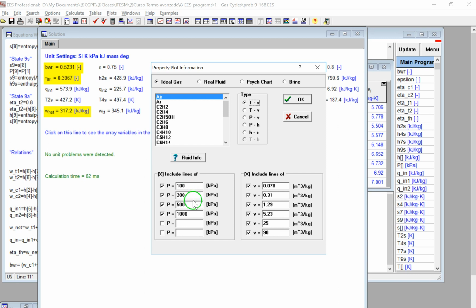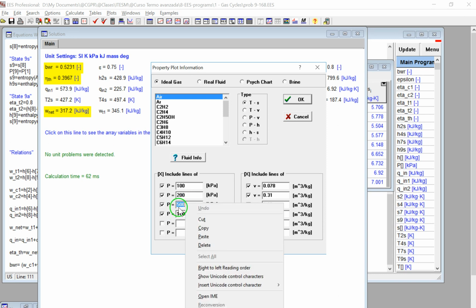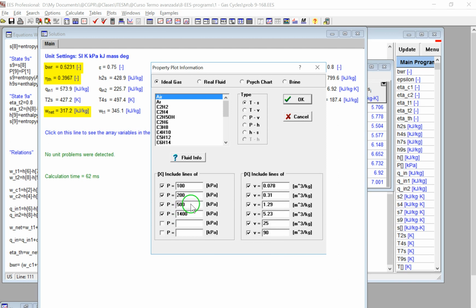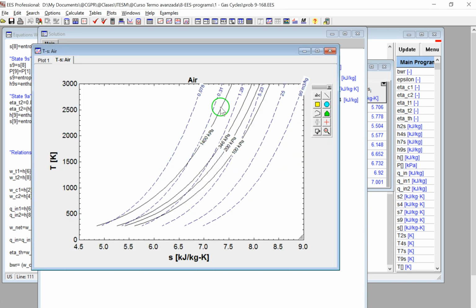One is 100 kilopascal, the other one is 1400 kilopascal, and one of the pressures I would like to be 446, which is the value that I have for pressure 3, right? I plot it, and this is my data.